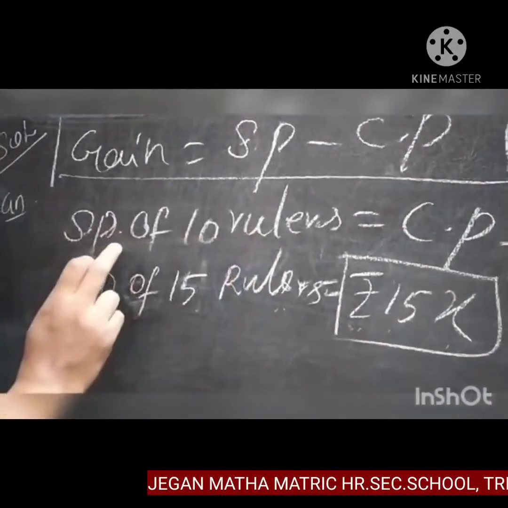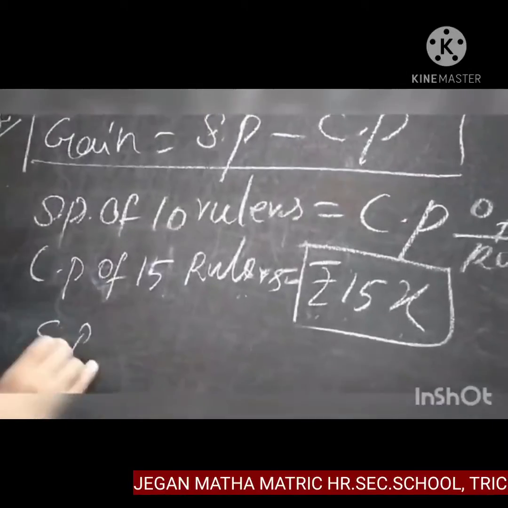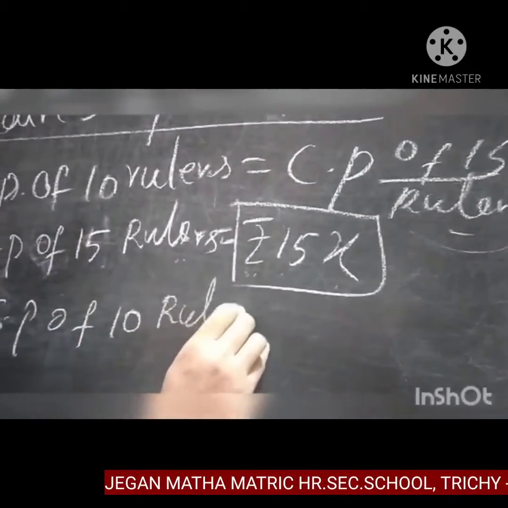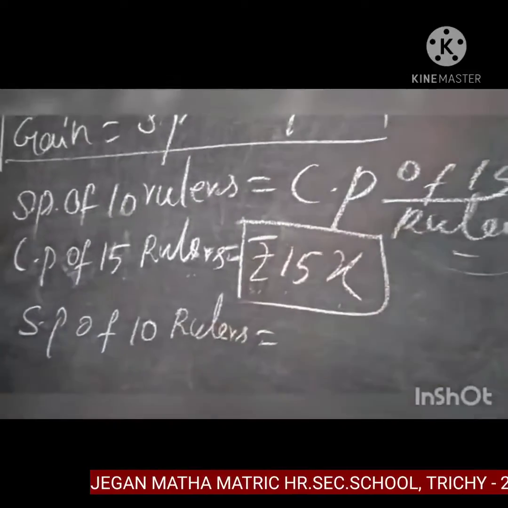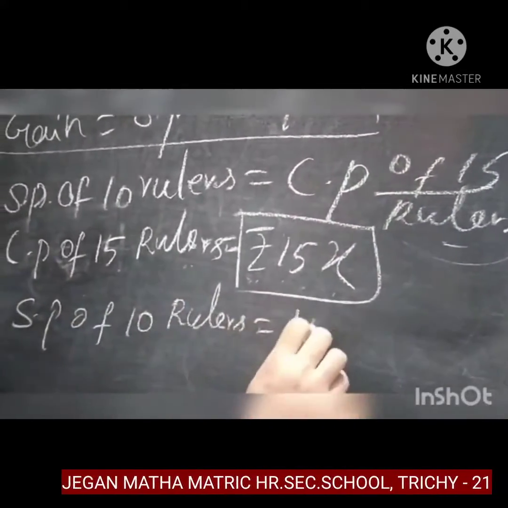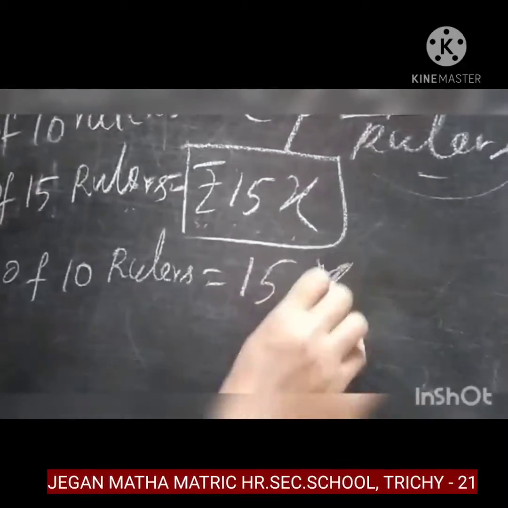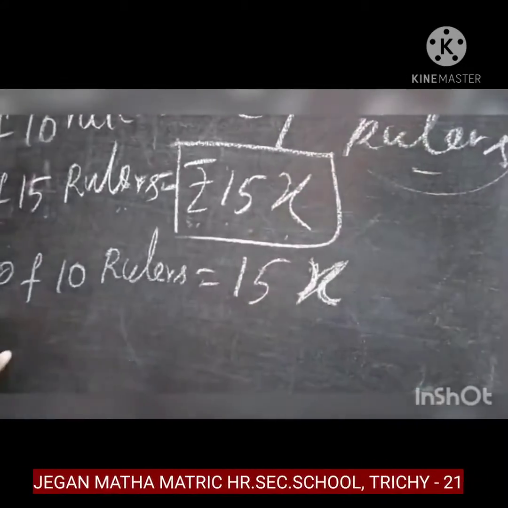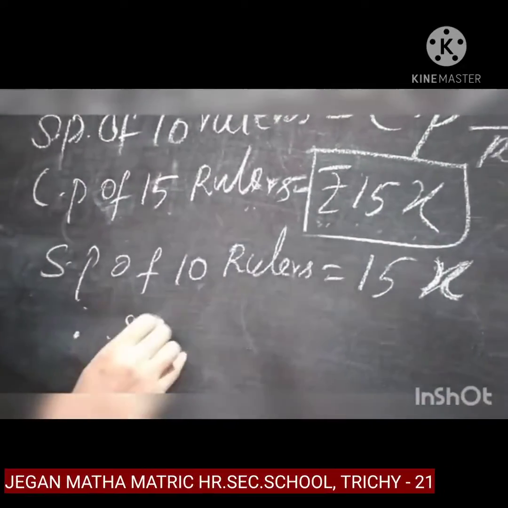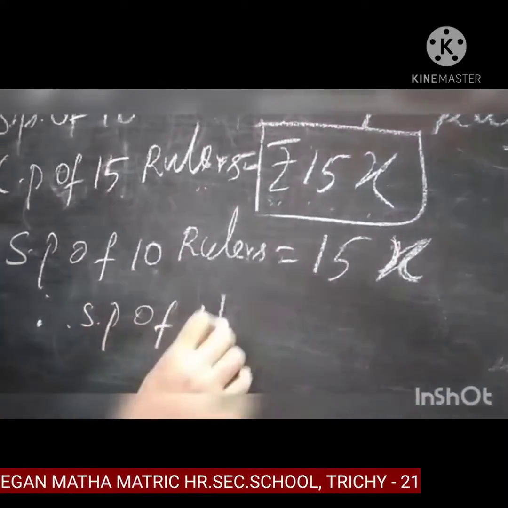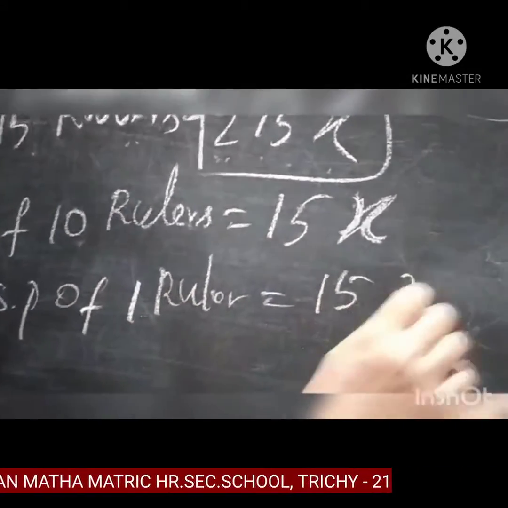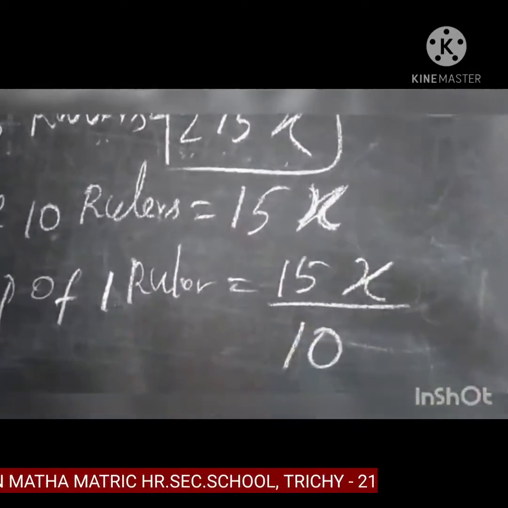Now in the sum they are giving SP of 10 rulers equal to CP of 15 rulers, that is the value of 15X. Therefore SP of 10 rulers equals 15X. Therefore SP of 1 ruler equals 15X divided by 10.